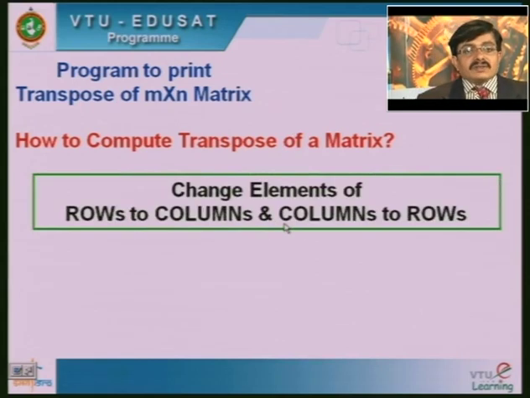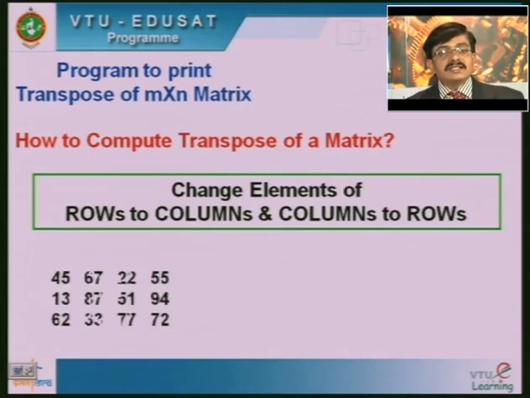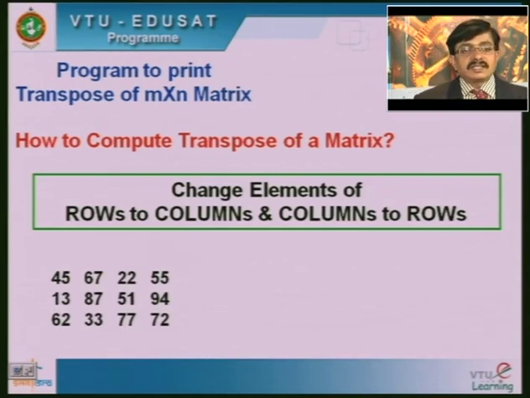Thus, changing the elements of the rows to columns and columns to rows will give you the transpose of a matrix. So, consider an example wherein I have 3 rows and 4 columns. So, this is a 3 cross 4 matrix, and when you are computing the transpose here, the elements of the 0th row, 45, 67, 22, 55, will be acting as the elements of the column.